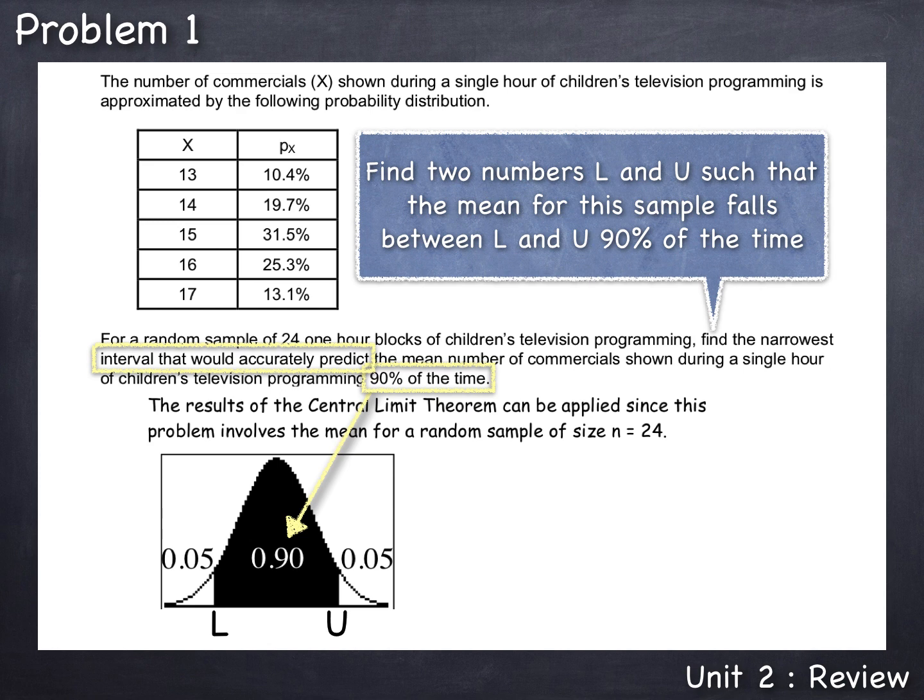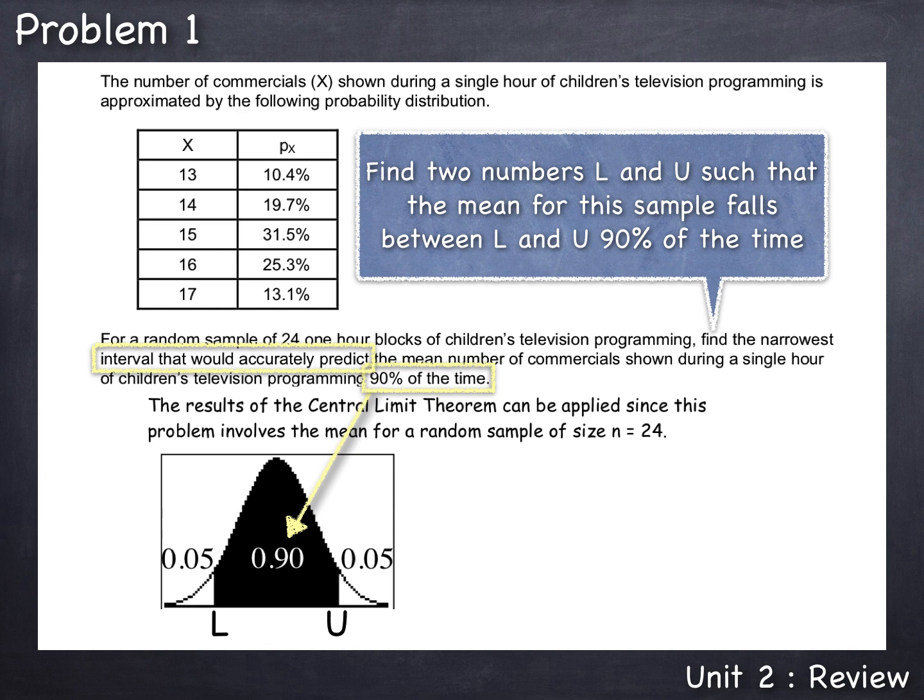Because the normal distribution is symmetrical, we can divide that 10% in half and put 5%, or 0.05, on the lower side, and the other 0.05 on the upper side. Together, the lower 5%, the middle 90%, and the upper 5% make up the entire 100% of this normal bell-shaped curve.